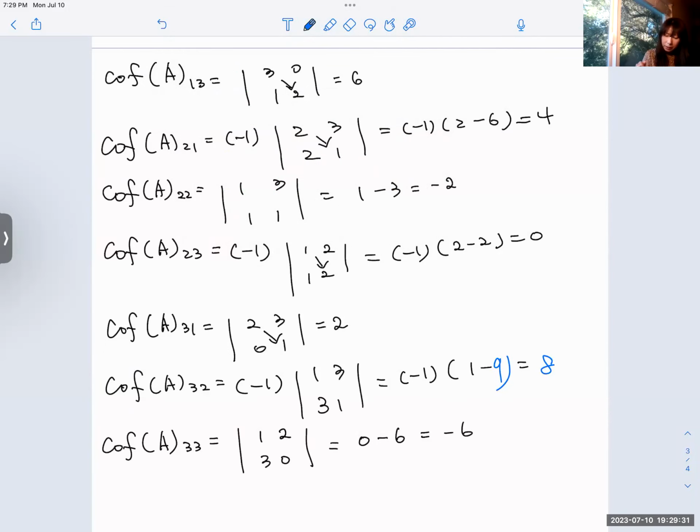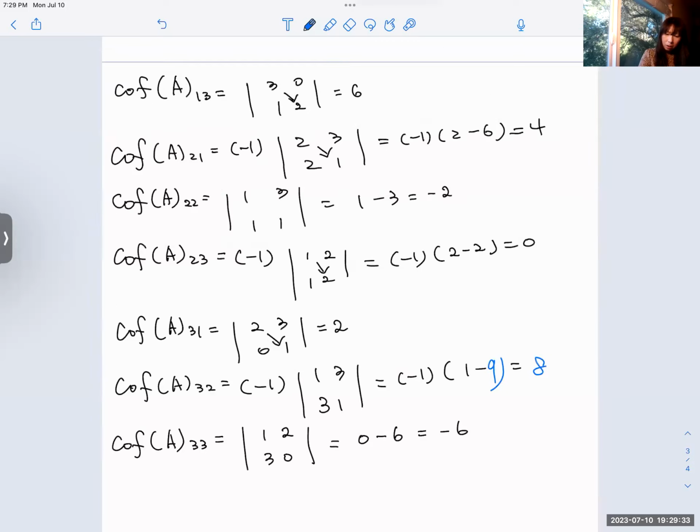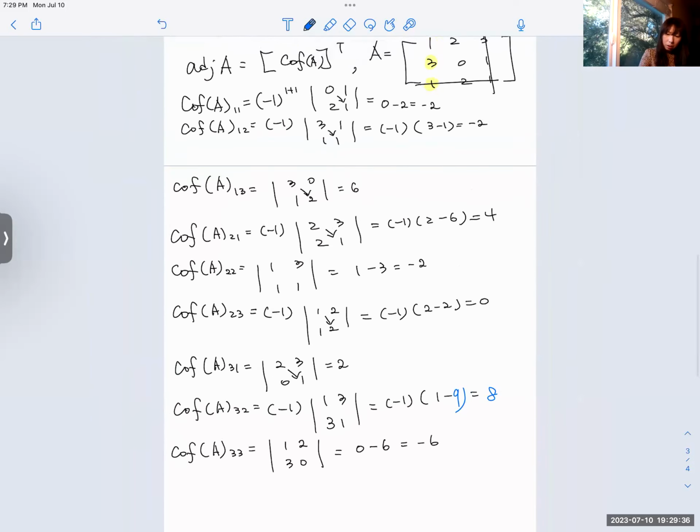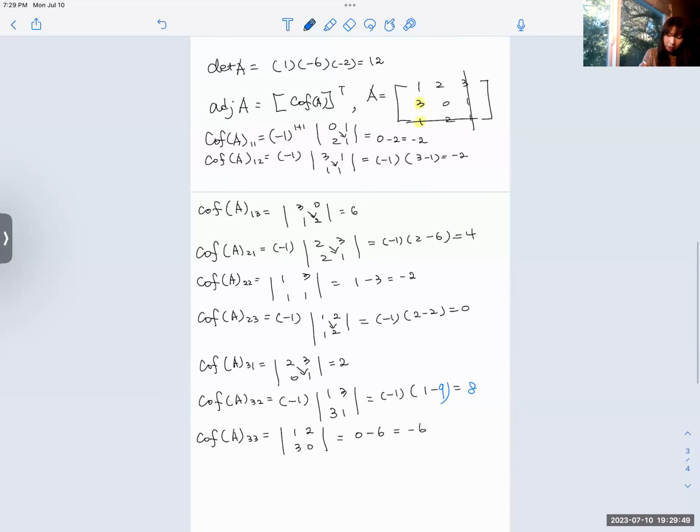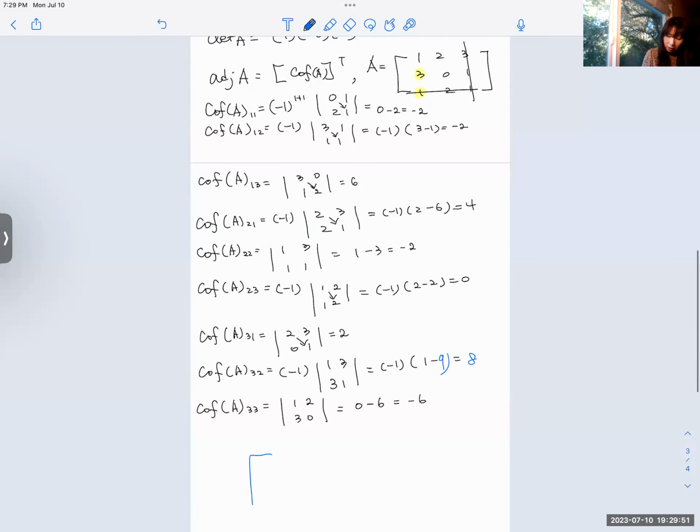All right, so there is a row and column. We put this one in the first row, first column, and this one in the first row, second column. So there is a position, right?